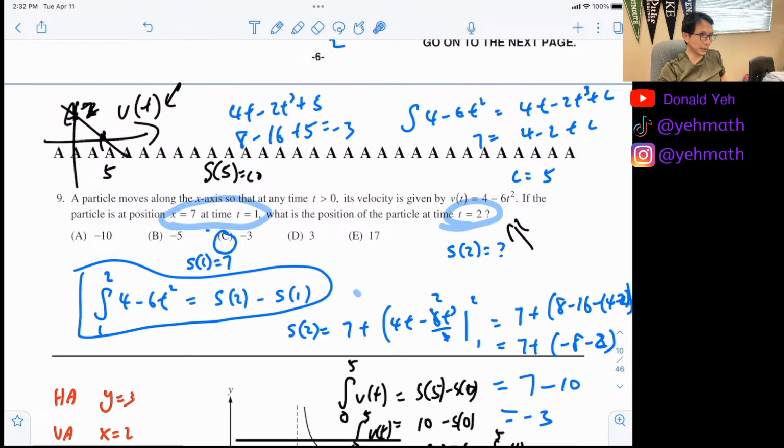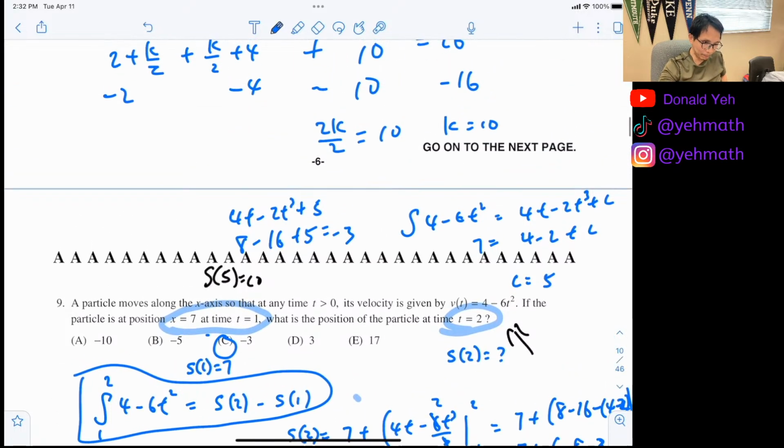It's much more intuitive. Using the fundamental theorem like this will be better if a question looks like this, which is maybe what shows up on the multiple choice.